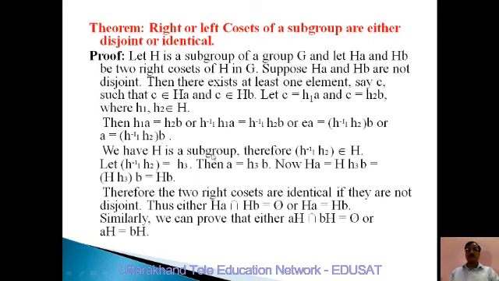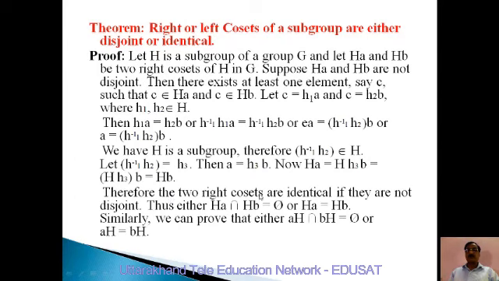We have H is a subgroup, therefore h1 inverse h2 belongs to H. Let h1 inverse h2 equal h3, then we can put the value of h3 in place of h1 inverse h2, as a equals h3b. Then Ha equals Hh3b, so we have Hh3b equal to Hb.